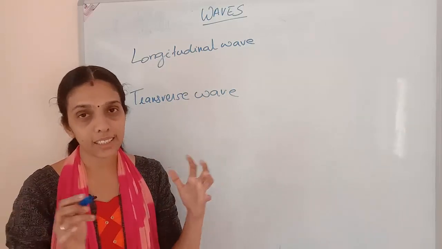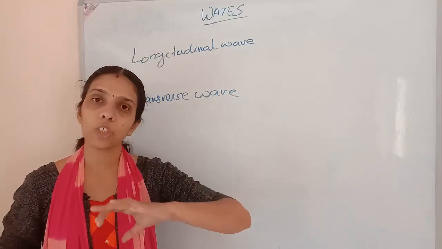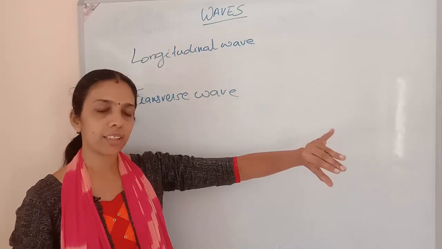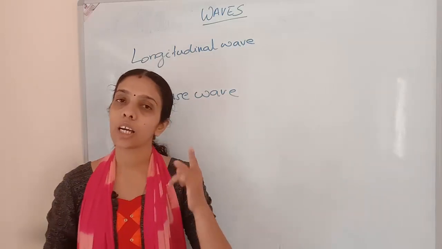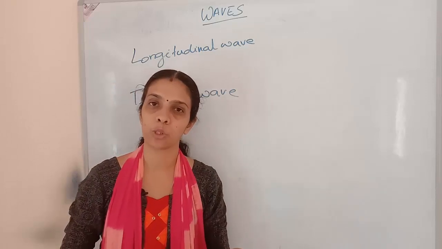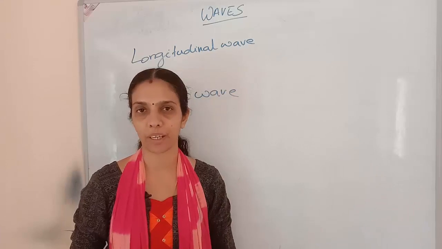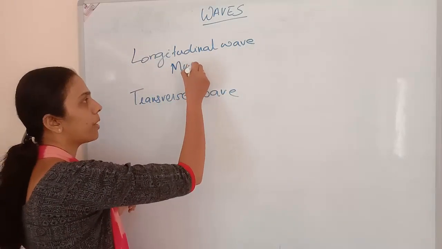It will be getting compressed or it is getting relaxed. So the movement of the particles inside the cylinder will be in the direction of movement of the piston. The waves which are forming inside the cylinder also will be in the same direction of the movement of the particles.